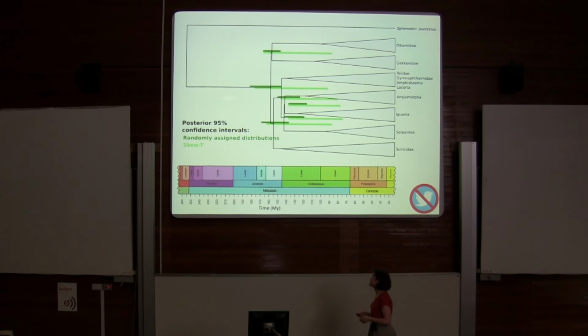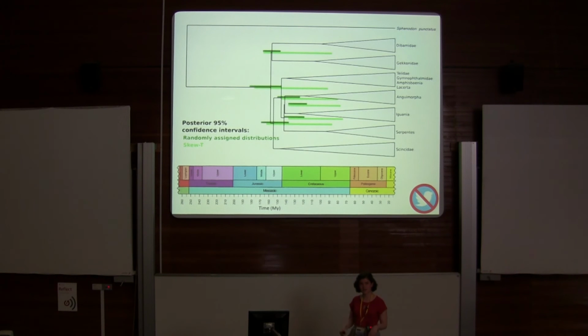Now, when I looked at the skew-T distribution, which puts the weight much closer to the minimum, you can actually see, in the pale green, that the confidence intervals are much closer to what I was previously finding again. In fact, they're estimating some of these nodes to be even younger than we previously thought. And what I also tried was randomly assigning the distributions.